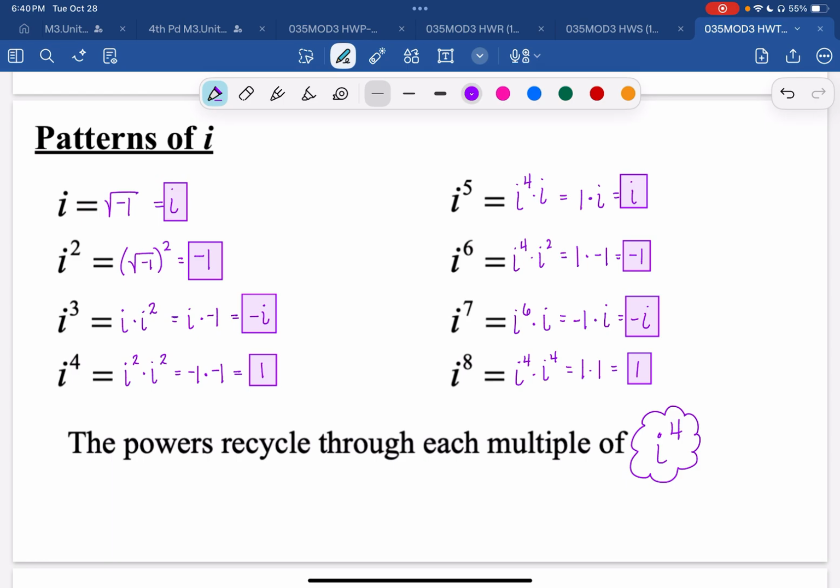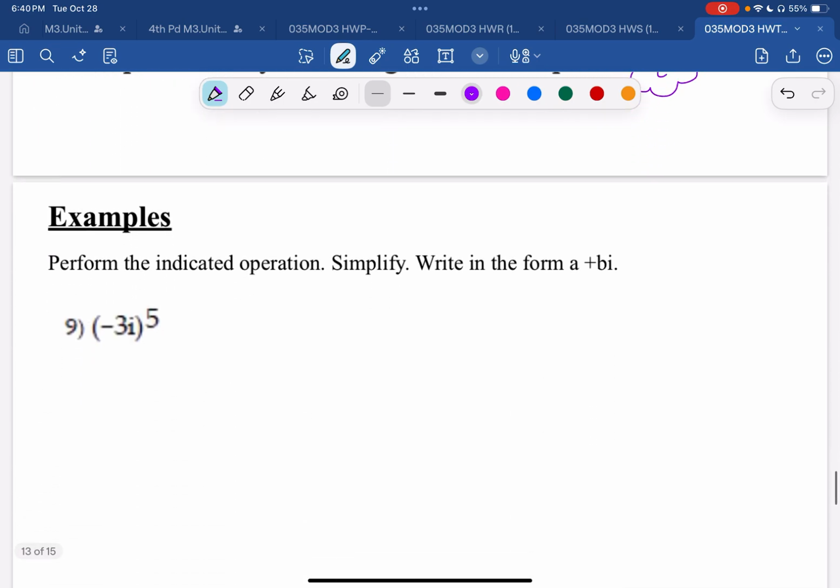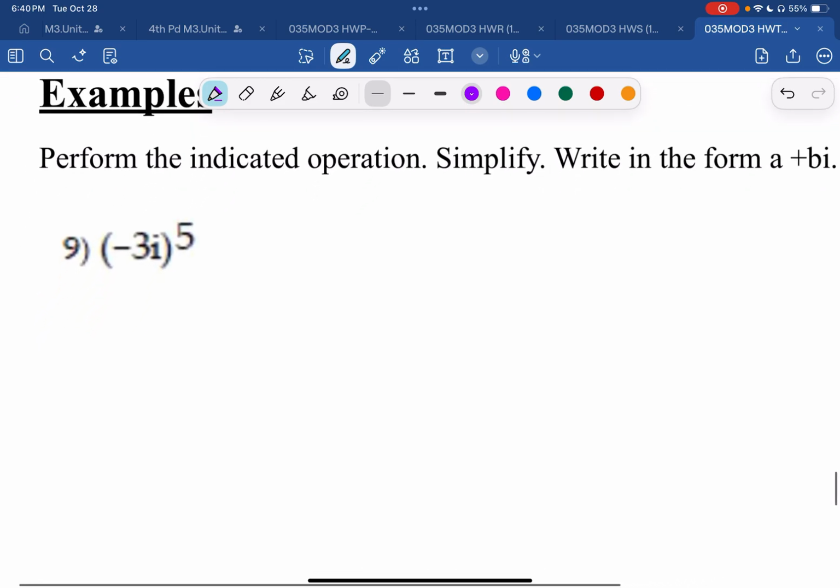All right, so if we look at this example, we've got negative 3i to the fifth. I'm going to take negative 3 to the fifth power and i to the fifth power.